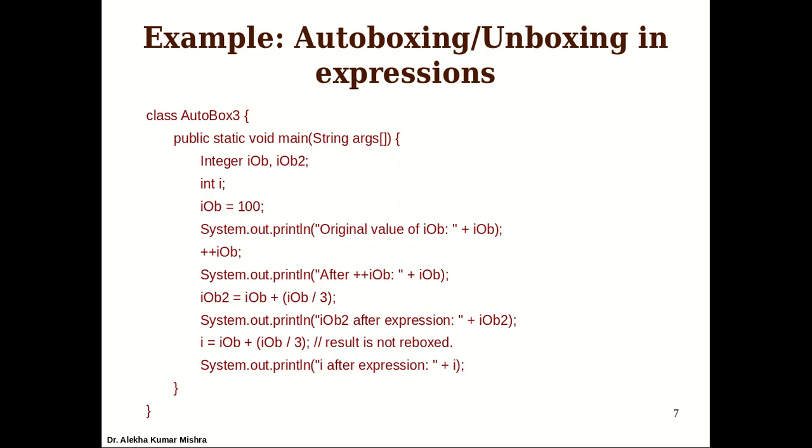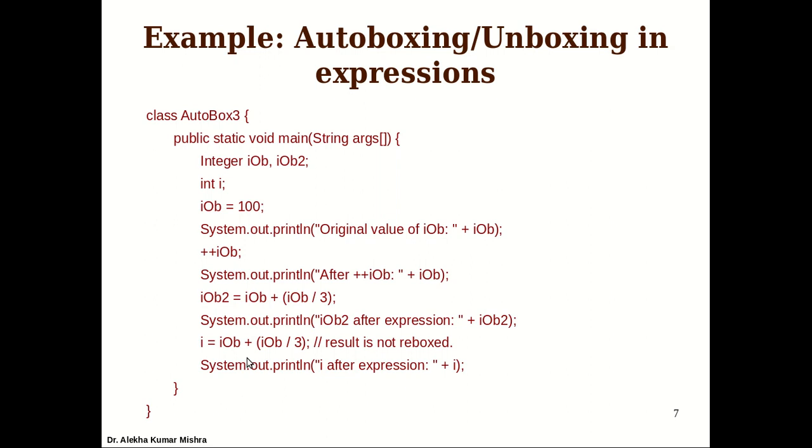Secondly, this is the third one. You see that the unboxing happens with iOb. But what happens with i, where i is an integer? Here no reboxing, or autoboxing, is done. The result is directly assigned to i, because the L-value is a primitive type and the R-value results in a primitive type value.